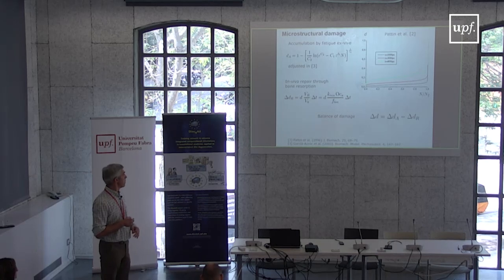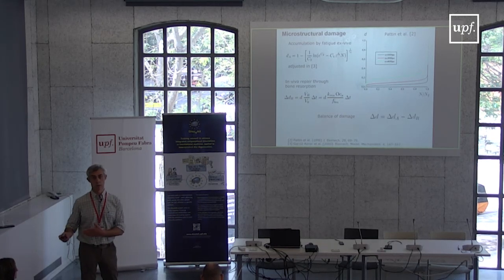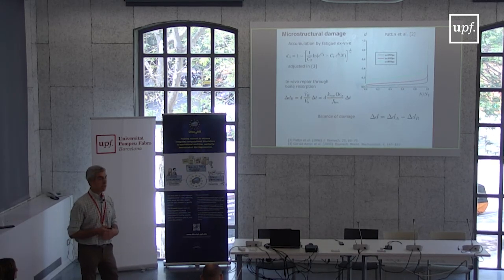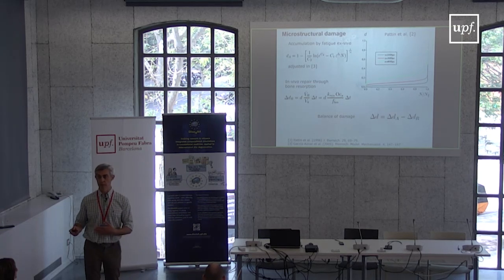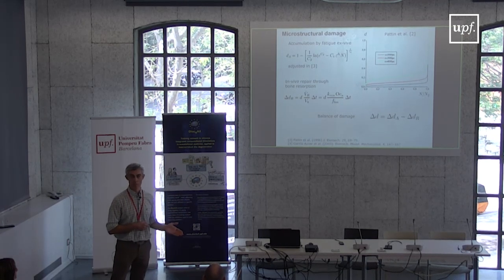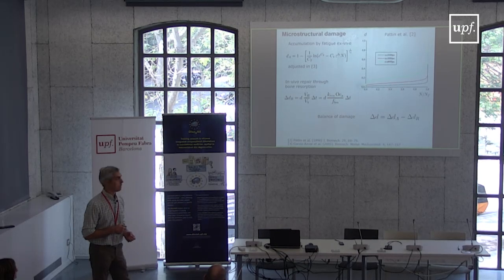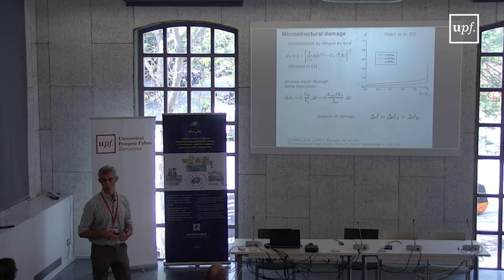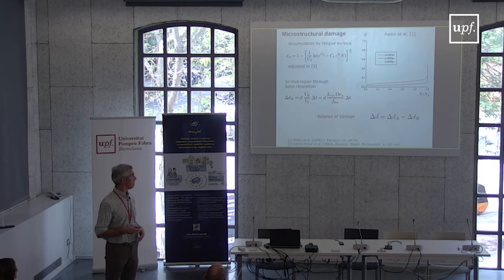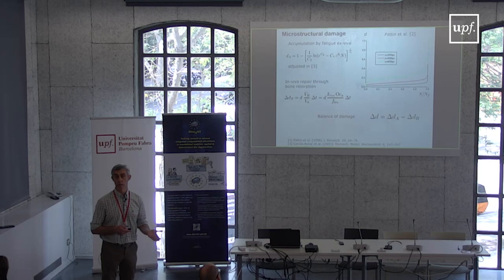The more damage there is, the more damage will be repaired. And the more bone is being resorbed, the more damage will be removed. And finally, we can make a balance between the accumulated damage and the repair damage. And we end up having an evolution of damage over time, which is key to evaluate the fracture risk.